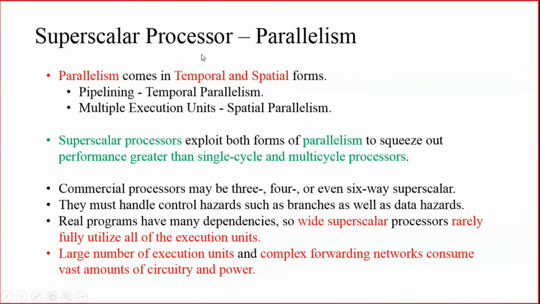So in the superscalar processor, both the parallelisms are there, both temporal and spatial, because it has multiple execution units and a pipeline implemented. So the superscalar processor exploits both types of parallelism, so that performance will be greater than a single-cycle and a multi-cycle processor.